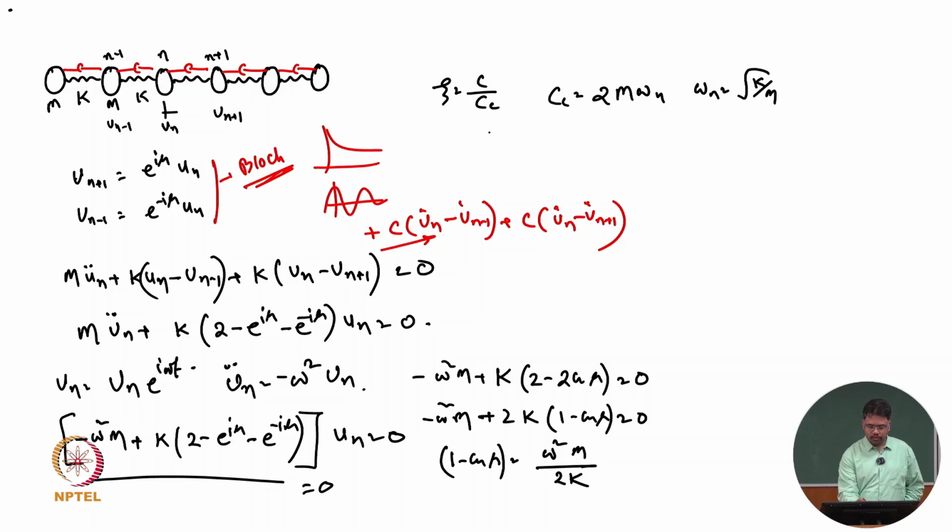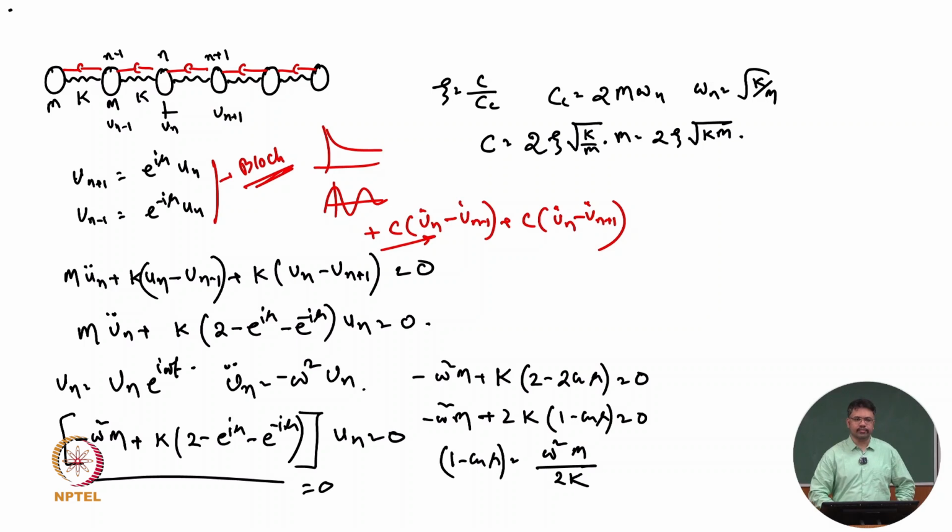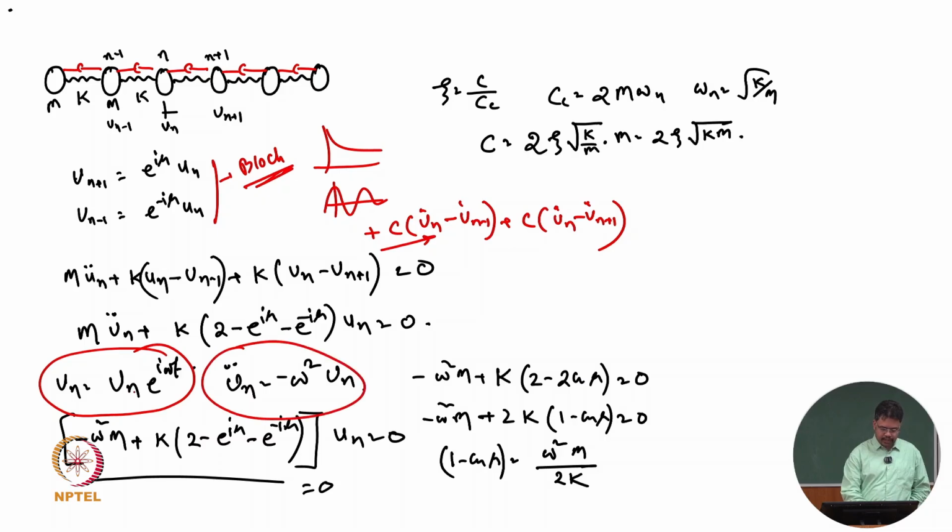Makes sense? So c is equal to 2 xi root over k by m into m, or 2 xi root over k into m. That is my c. Agreed? Then what can we do? Also we have this term, so what will be un dot? un dot will be i omega into un.